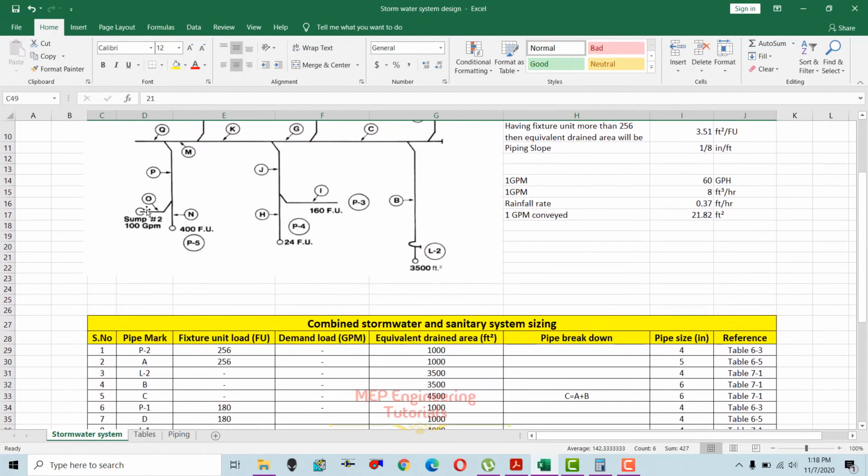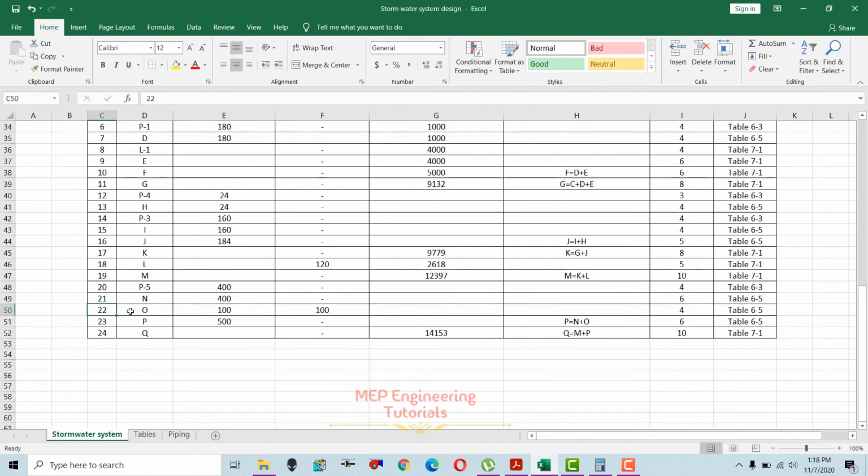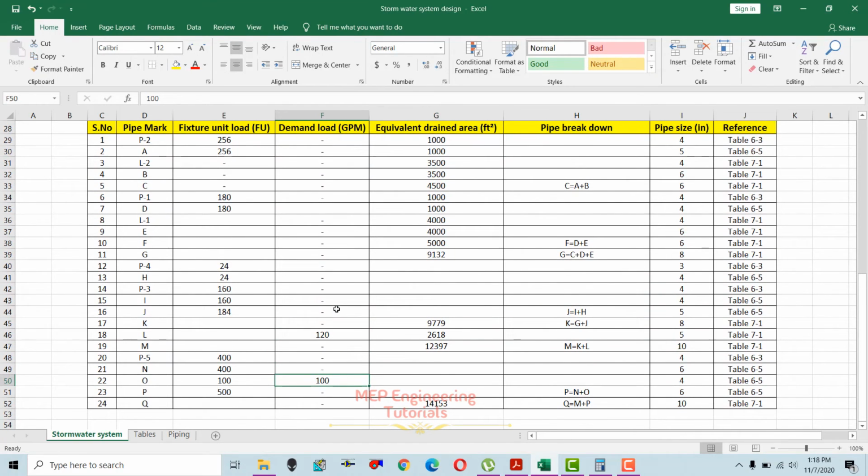Now next is O, that is coming from the sump having 100 GPM drain from that point. So this is 100 GPM, we know that. So we are going to use 1 GPM requires one fixture unit over here. So 1 GPM requires one fixture unit, so 100 GPM requires 100 fixture units in here.